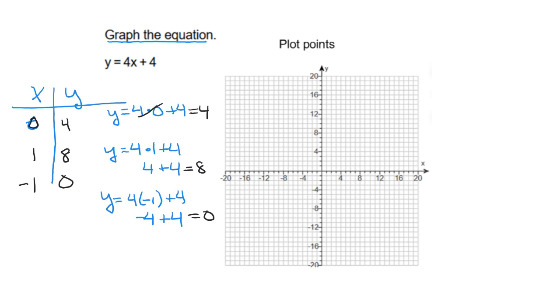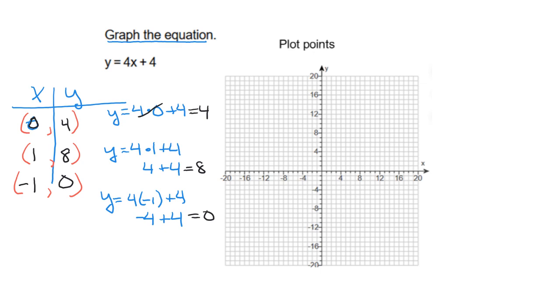So for instance, this is 0, comma 4; 1, comma 8; negative 1, comma 0. All right, and then we can place our ordered pairs or points on the graph. Remember, we only need 2 points. So when you look at something like this on MyMathLab, it may ask you to find 3 points. When it comes to graphing, you just want to choose 2 of those points.